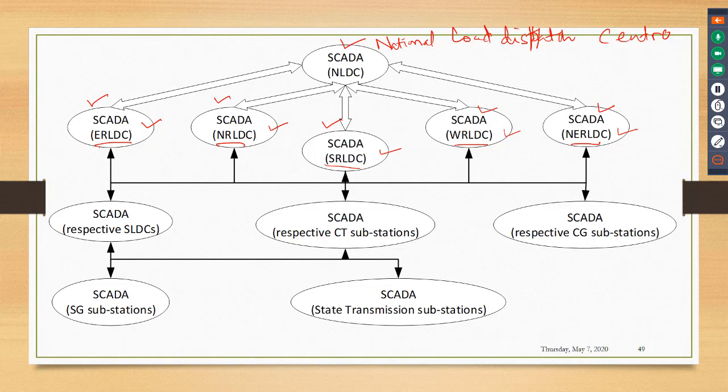So these centers, being equipped with SCADA, interact with the different SCADA centers or load dispatch centers of individual states in their region. They will interact with the respective state load dispatch centers, which are also equipped with SCADA.